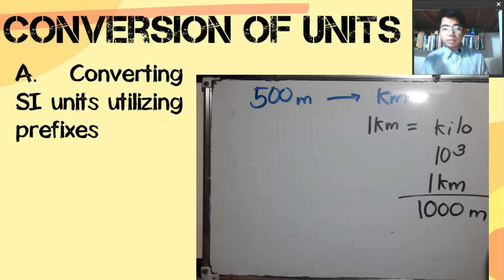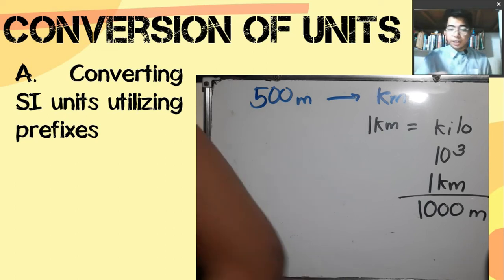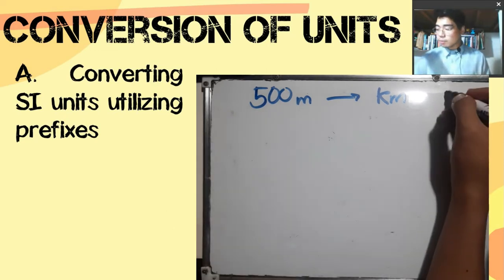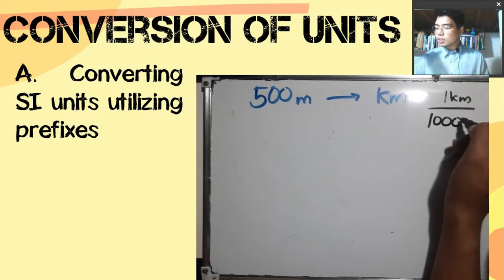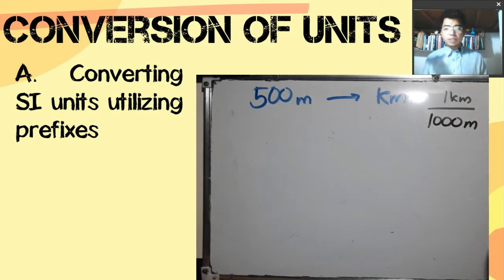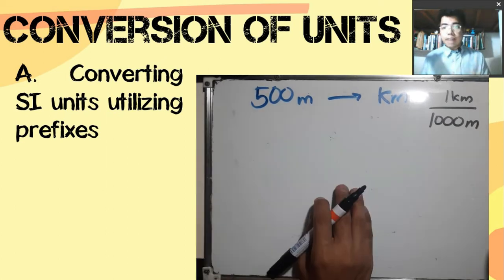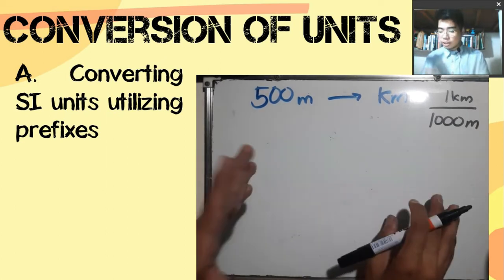And this is what we are going to use in our conversion. So remember, 1 kilometer is equivalent to 1,000 meters. Do not forget that part. Now, since 1 kilometer is equivalent to 1,000 meters, let's proceed with the conversion. The first thing you write is the value of the unit that you want to convert, on the left side.